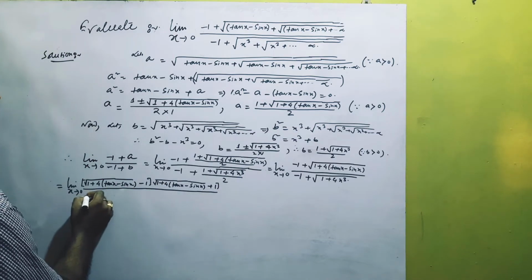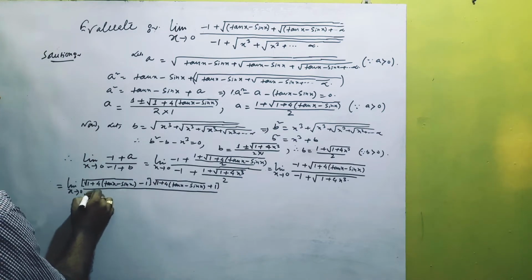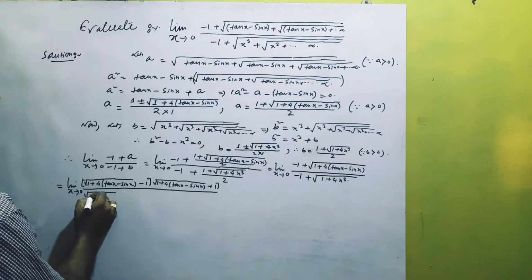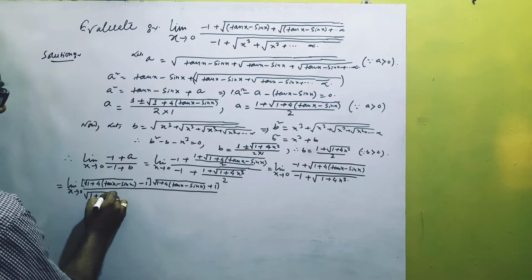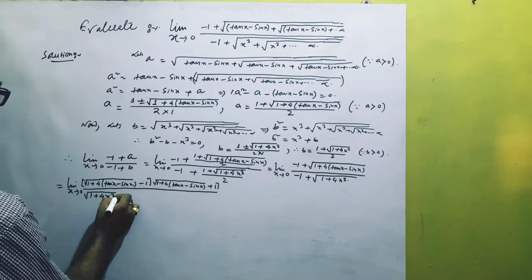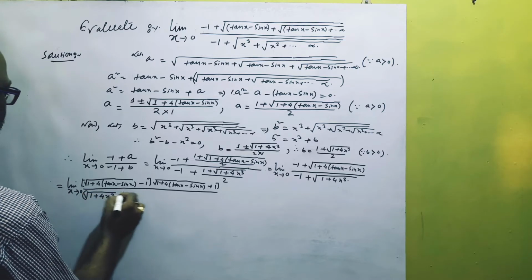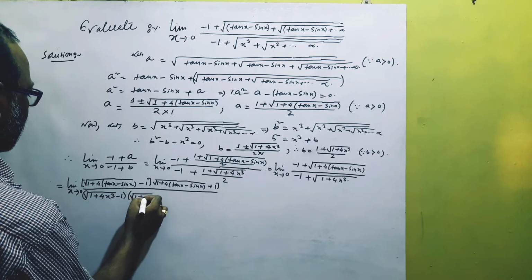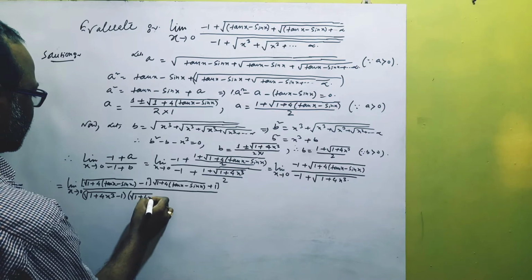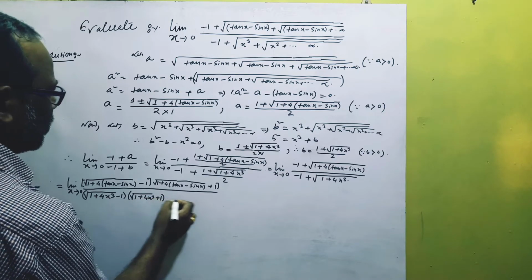For the same form on the denominator part, that is √(1 + 4x³) − 1, and this is a minus. So multiply by the conjugate term, that is √(1 + 4x³) + 1.